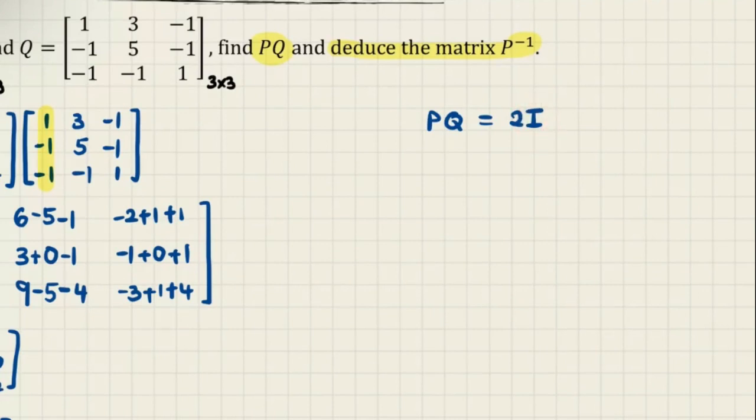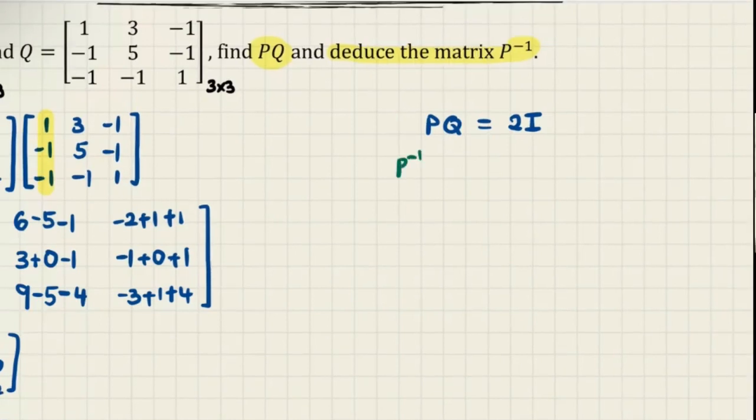So macam mana saya nak wujudkan P inverse daripada this equation? So saya akan darabkan the whole equation dengan P inverse. So P inverse darabkan dengan PQ will be equals to, saya factorize 2, so P inverse I.